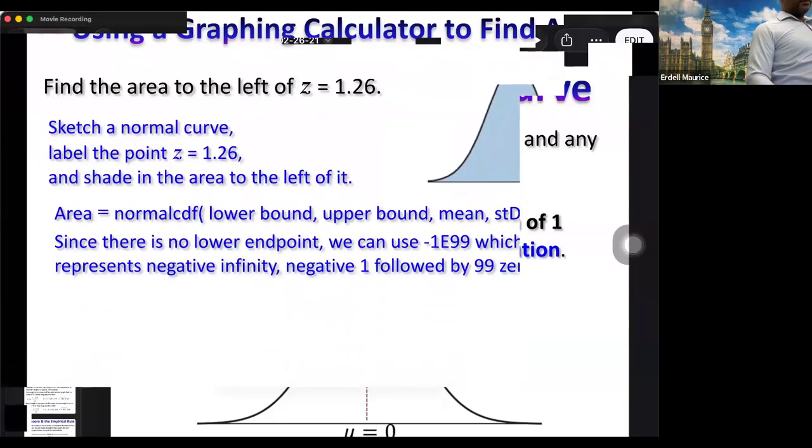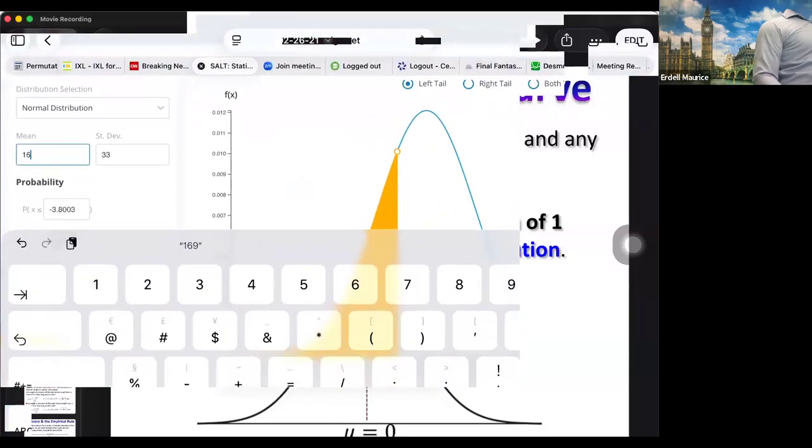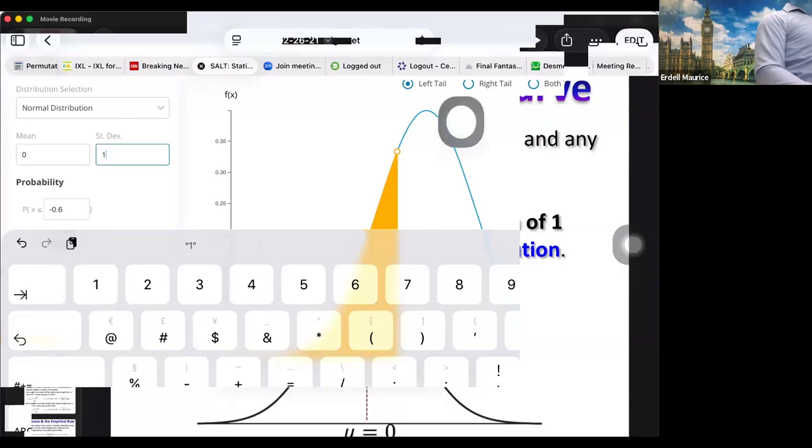But all you have to do is simply go into SALT, set the mean to 0, and the standard deviation to 1. Why am I setting the mean to 0 and the standard deviation to 1? Because it's a standard normal distribution. Once they say z-score, they're telling you use 0 and 1. I hit left because they want the left of the curve.